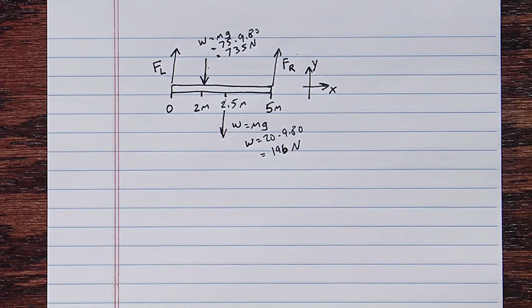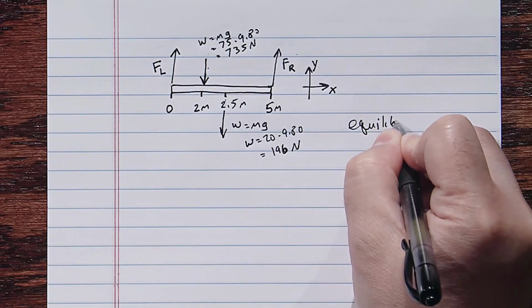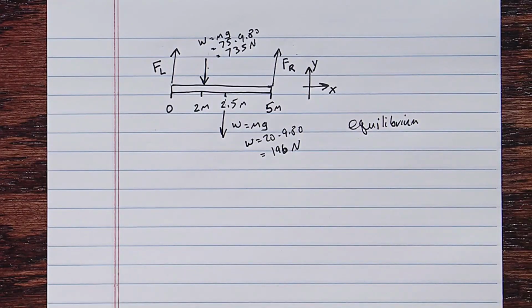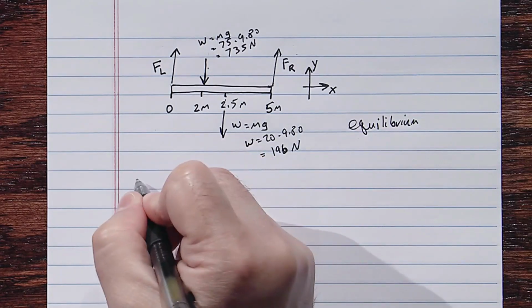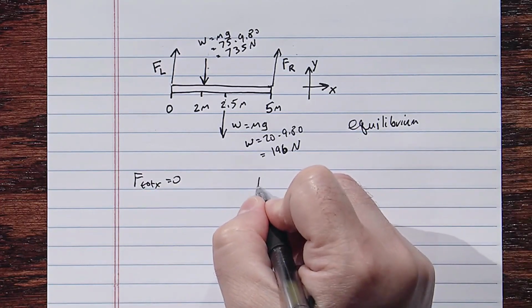So at this point, we have diagrammed the situation. We've listed all of our knowns and unknowns, and we are ready to identify this as an equilibrium situation, which means that we now have 3 equations. Force total X is equal to 0.